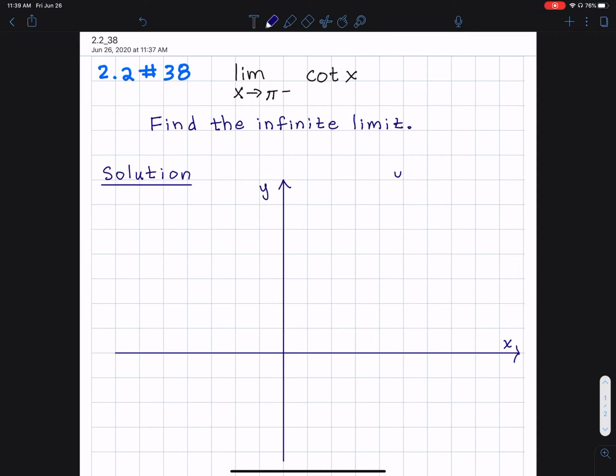Let's remind ourselves that cotangent is cosine x divided by sine x.